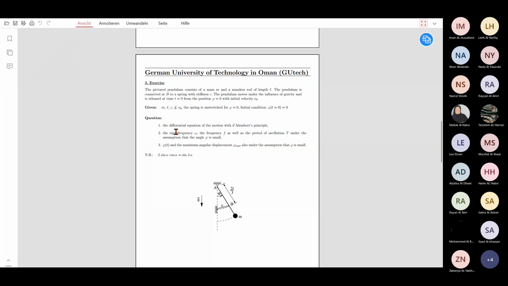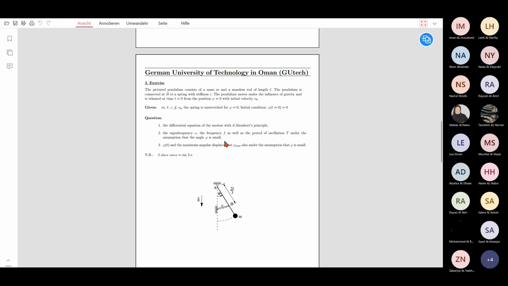It's asked to get the differential equation of motion with the D'Alembert principle, the eigenfrequency omega, the frequency f, as well as the period of oscillation T, under the assumption that the angle phi is small.